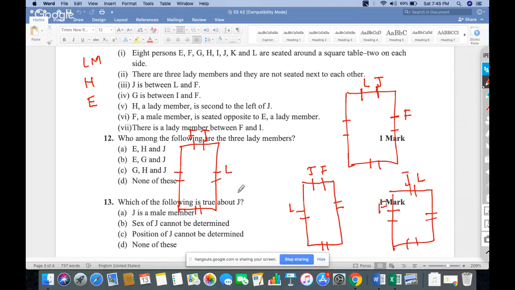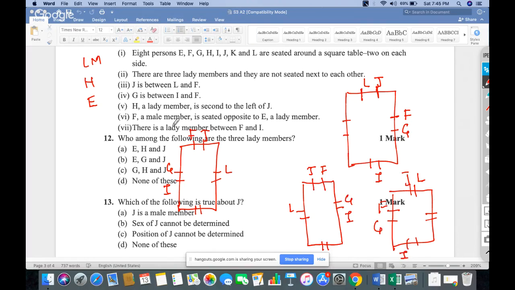So G is between I and F. In this case, G sits here, I is here. In this case, G sits here, I is here. And in this case, G sits here, I is here. In this case, just G sits here and I is here.